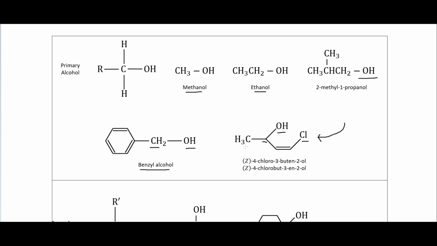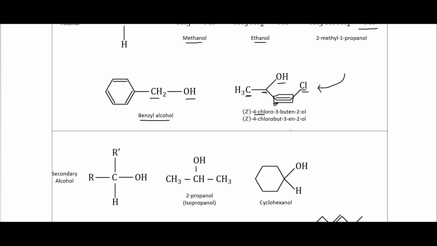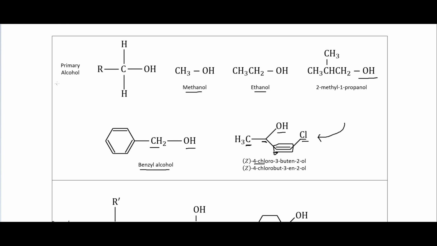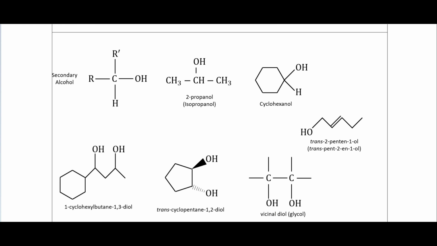So if we start numbering from here, this is on the second carbon, and so it's the 2-ol. Then we have the alkene group right here, and so that's our 3-butene because this is on the third carbon, then the 4-chloro right here. This double bond is in the Z formation. But as I said, this should be a secondary alcohol, which is the next ones we'll look at.